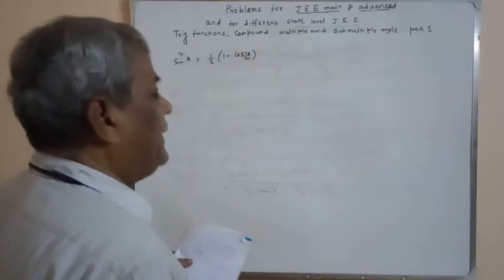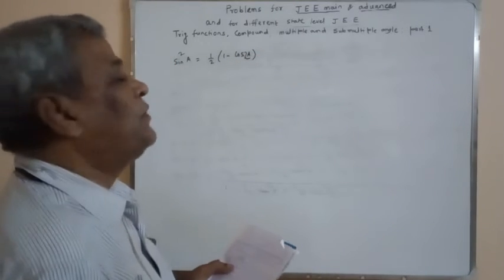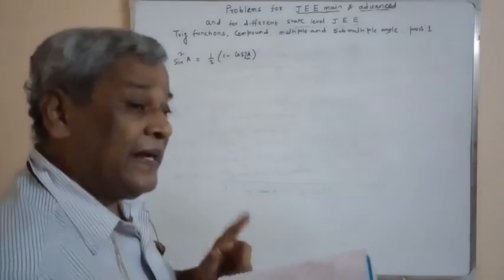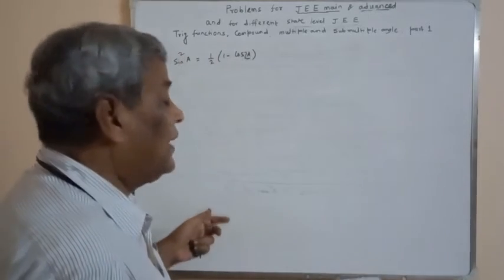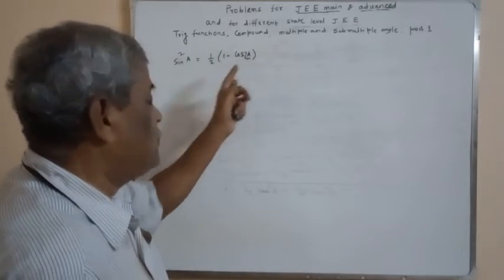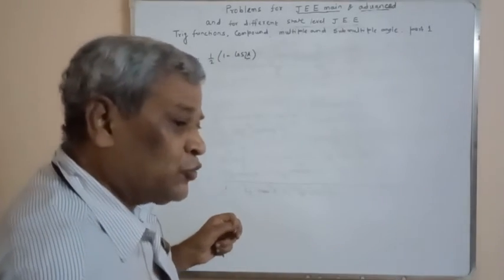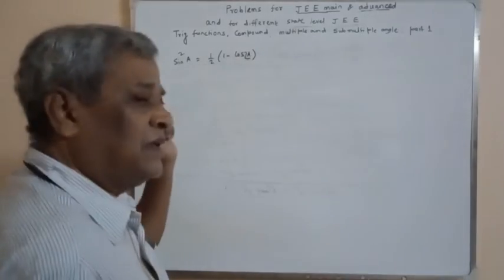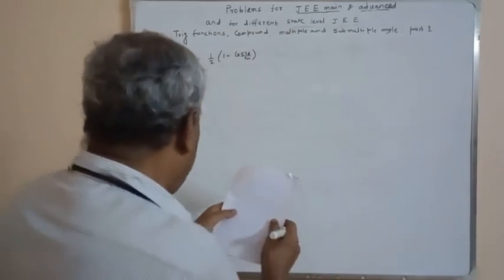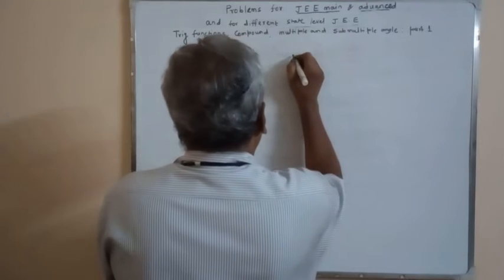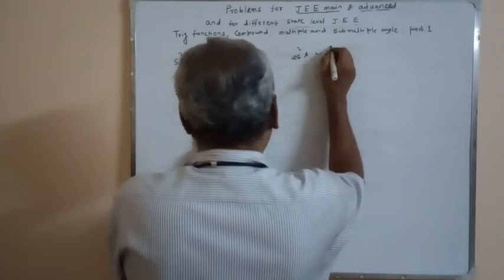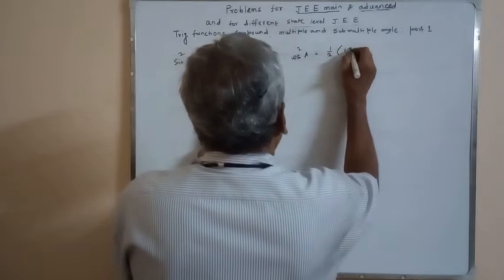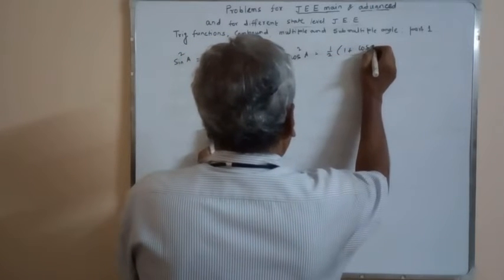Actually, this can be obtained very easily from the formula for cos 2A in terms of sine. But if you keep this in mind, without any loss of time, you can calculate. Next, cos square A is half of 1 plus cos 2A.